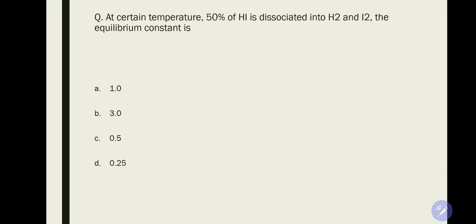Now in the next question, what is the question? At a certain temperature, we don't know the temperature, 50% of HI is decomposed into H2 and I2. What they have said is 50% of HI is dissociated into H2 and I2. The equilibrium constant is, now again you have to find the Kc value, right? Now let's assume we don't know the initial concentration.